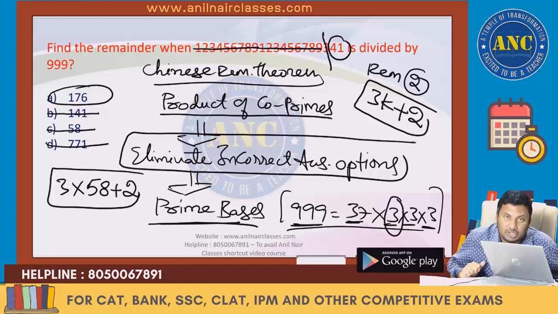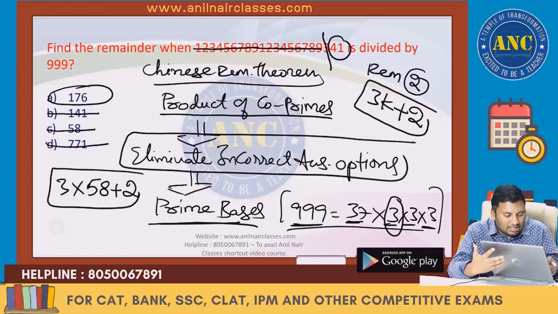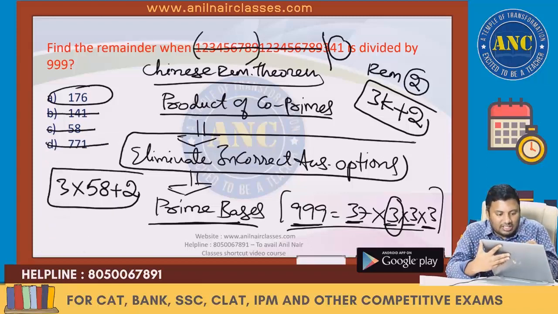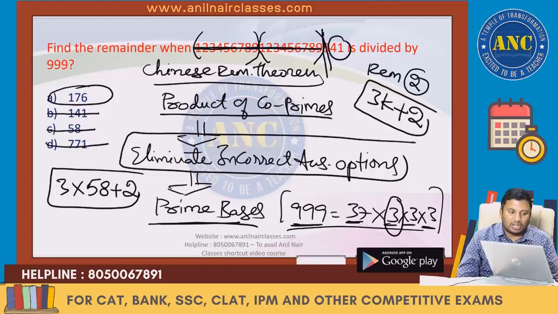Sum of the digits should be divisible by 3. Summation 1, 2, 3, 4, 5, 6, 7, 8, 9 is divisible by 3. 5 when divided by 3, remainder 2. Answer should be of the form 3k plus 2.